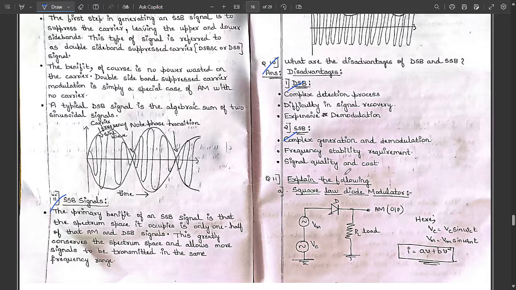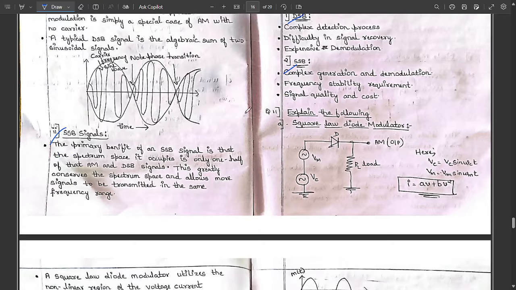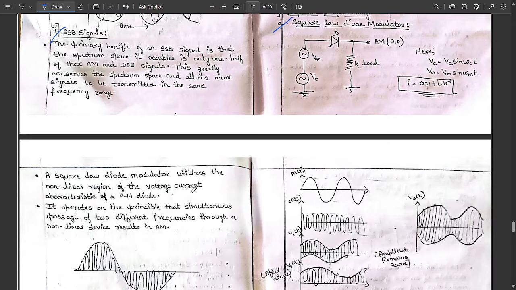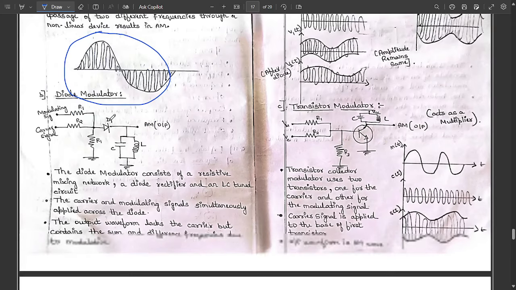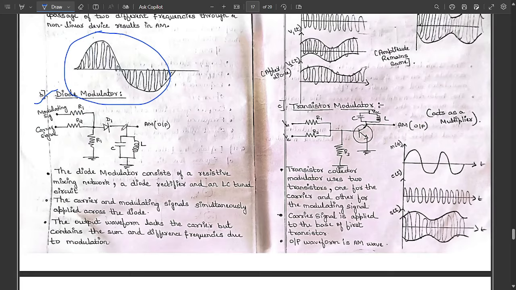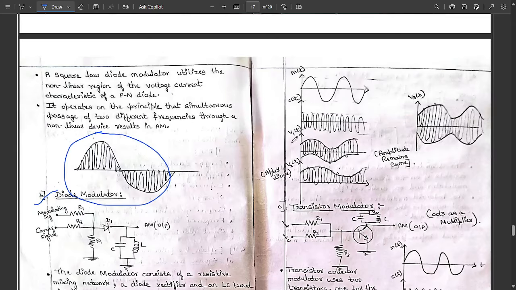Okay, and some more important questions. One is the square law modulator. Okay, its circuit, its equations, along with some explanation and the waveform, that is how it is going to work. Second one is the diode modulator, its circuit, some of the explanation, and all the waveforms, that is message signal, carrier signal, first amplitude change signal, second amplitude change signal, and all the changes which we see in the amplitude.